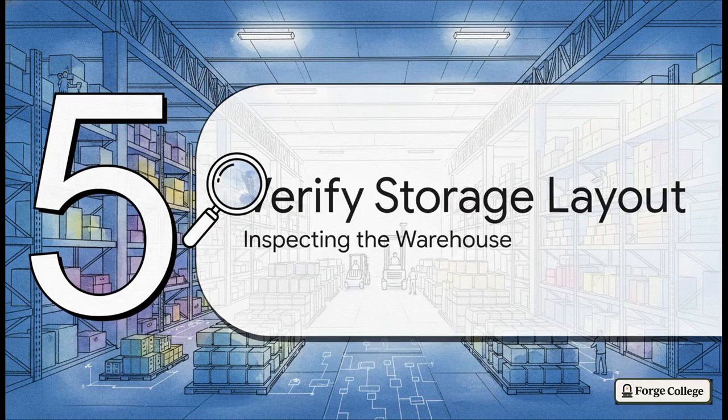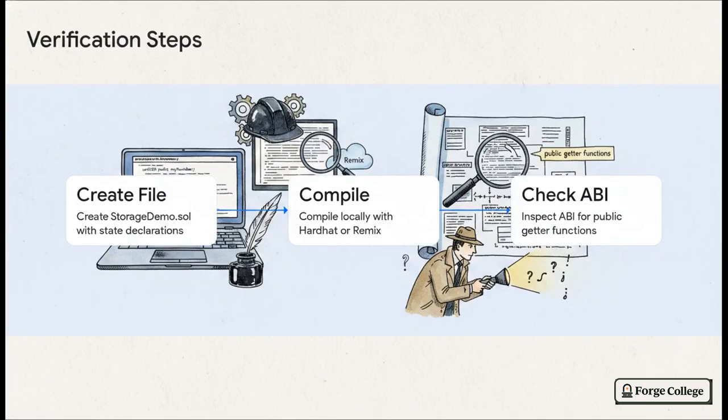Finally, Section 5, verifying your storage layout, inspecting the warehouse. Because we're engineers, we can't just cross our fingers and trust that our packing worked. We have to actually verify the layout. Here are the exact steps. Step 1. Create your StorageDemo.sol file with those top-level state declarations we just mapped out. Step 2. Compile it.